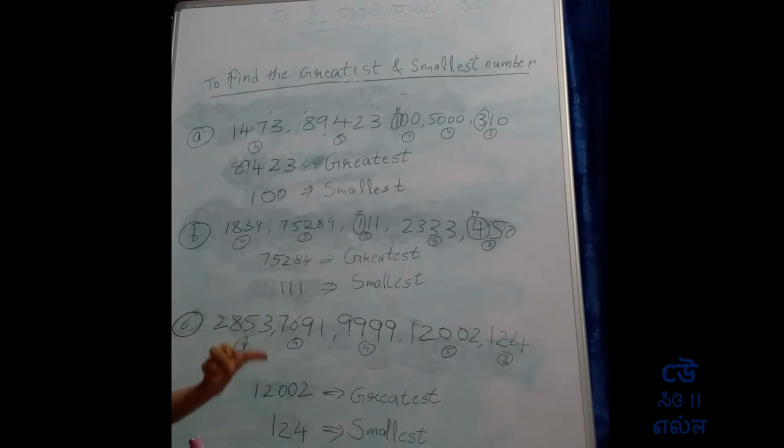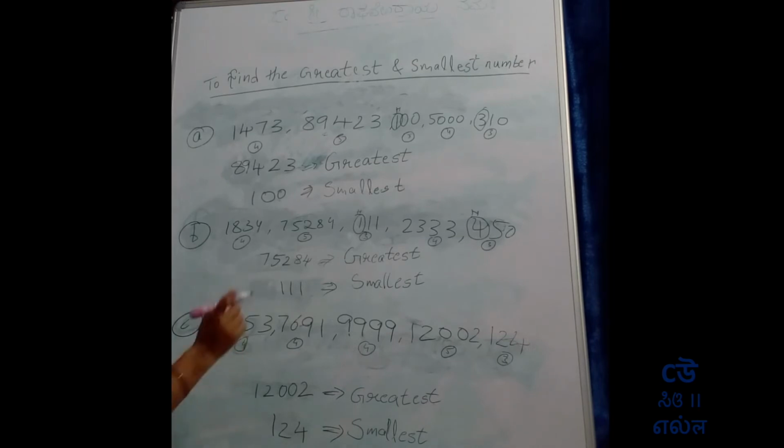The second step is, if you have an equal number of digits, then come to the second step and see the place value chart. Consider the first place value of all the numbers which have equal digits. Then see if you can find the greatest number among that place value.